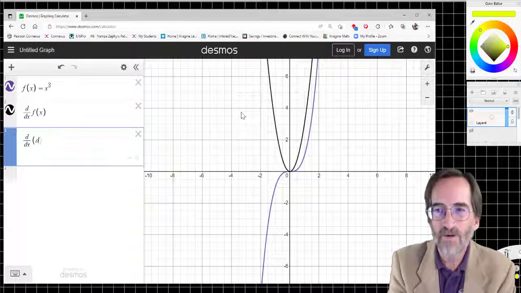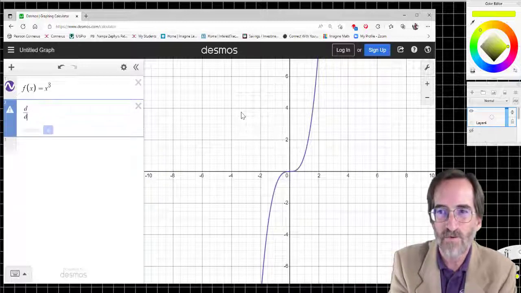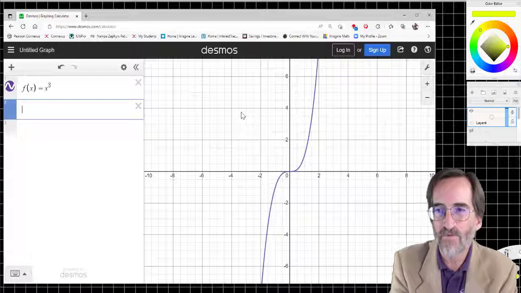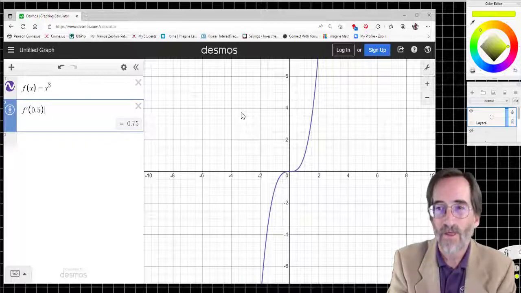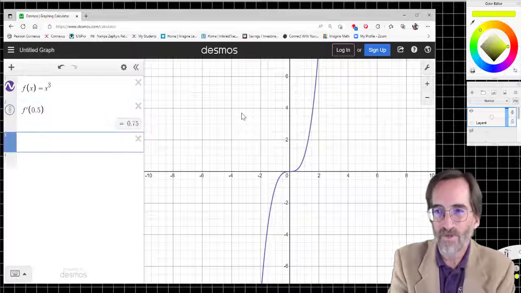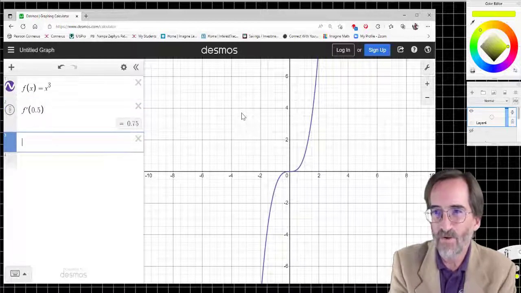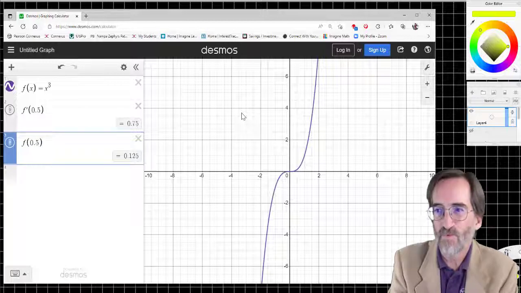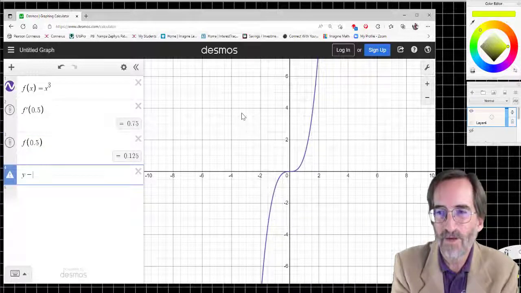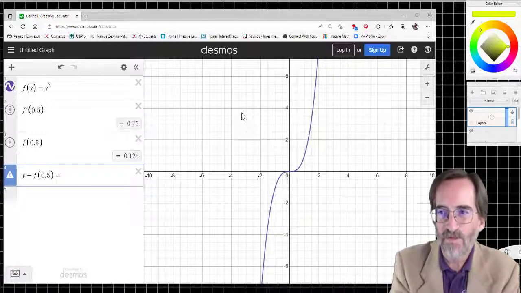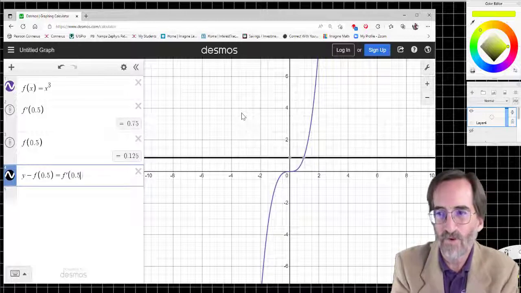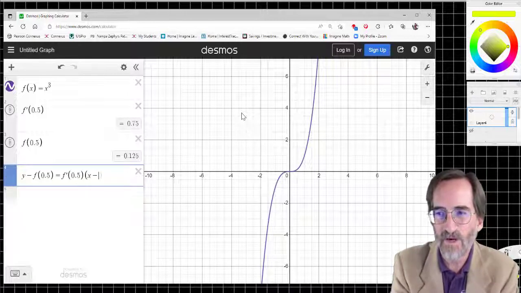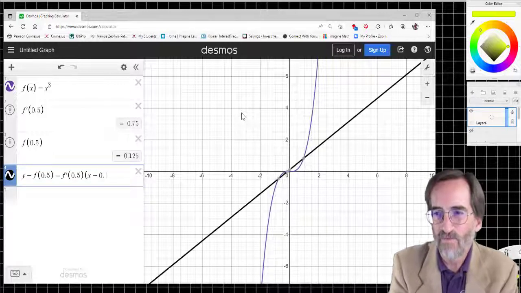Now, if you want a numerical derivative, all you've got to do is insert a number. So if I want the derivative at 0.5, then I would do f prime of 0.5, and it's 0.75. And I can use that to find the tangent line. f of 0.5 is 0.125. So y minus the y value 0.125 equals the slope f prime of 0.5 times x minus the x value, 0.5.